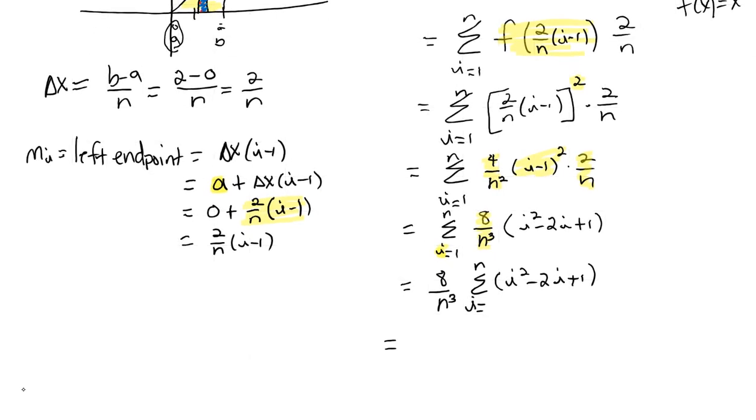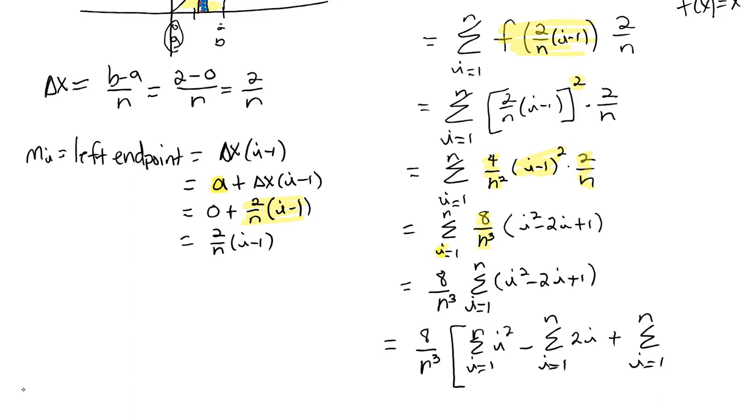Then we're going to be able to apply our sum to each individual term to make it sum i equals 1 to n of i squared minus sum i equals 1 to n of 2i plus sum i equals 1 to n of 1.